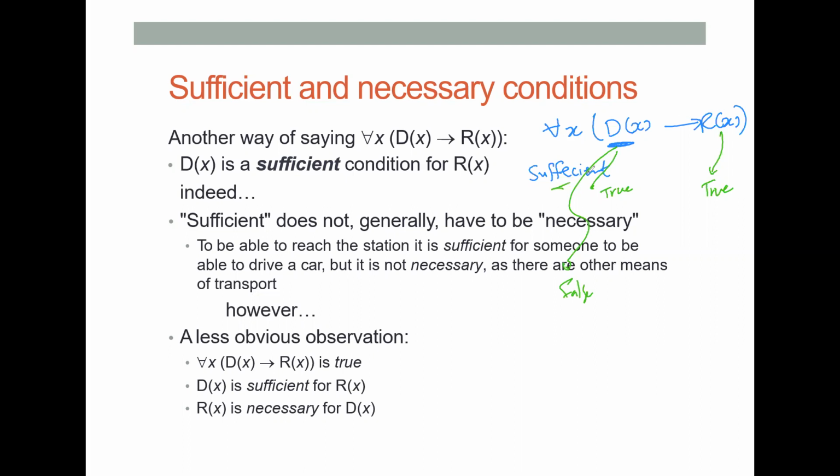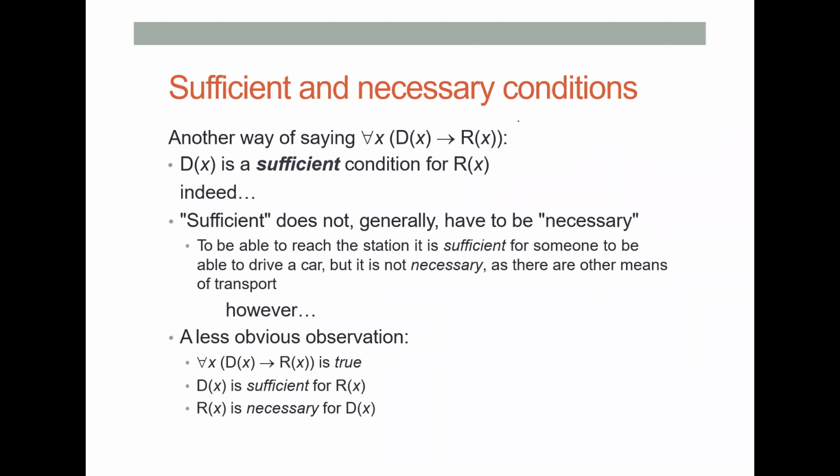So the sufficient condition has a positive way of dealing with the implication: having the left side being true is sufficient to say that the right side is true.